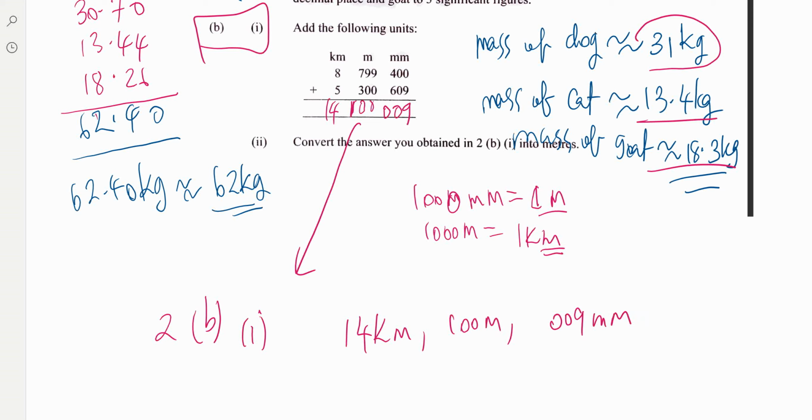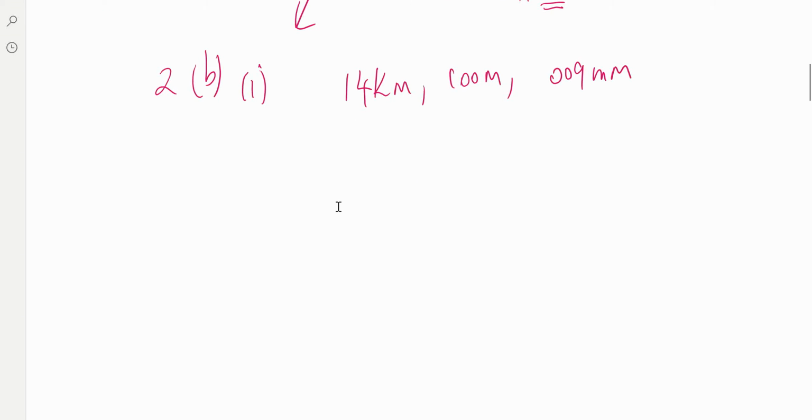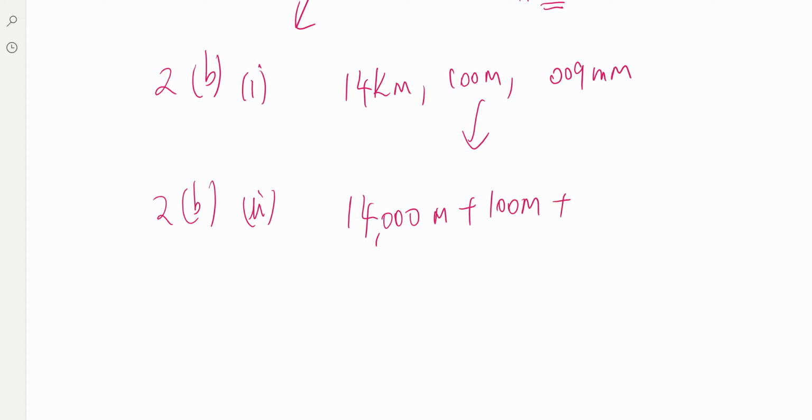Now convert the answer you obtained in 2B into meters. So 2B part 2, converting this into meters, you will be having 14,000 meters plus 100 meters plus 0.009 meters, because this will have to be divided by 1,000.